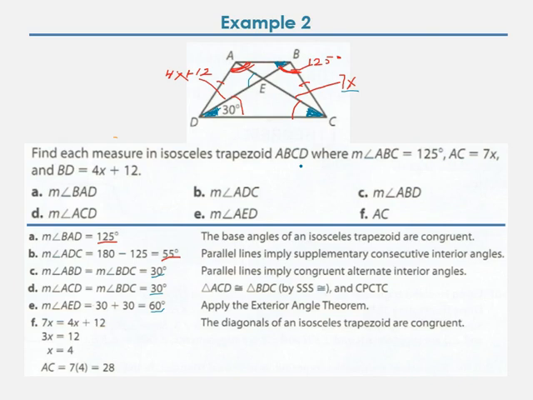So 7x equals 4x plus 12. 3x equals 12. X equals 4. Let's replace the 4 for the x. AC equals 7 times 4, which is 28. And there we go. Those are just some of the applications we can do with a trapezoid, knowing the properties that we've just learned.